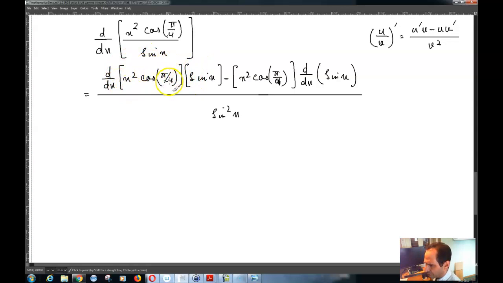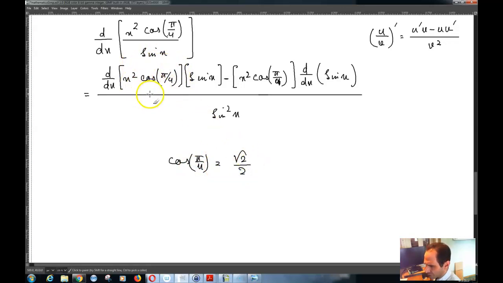Now again, this is a constant. Cos of pi by 4 is just simply square root of 2 over 2, right? Cos of pi by 4 is equal to square root of 2 over 2.